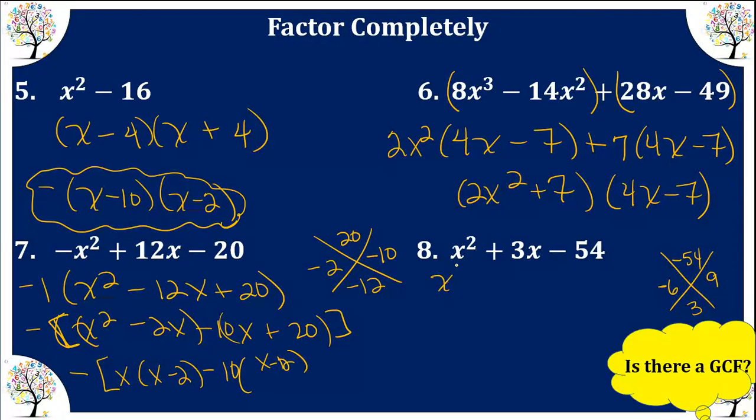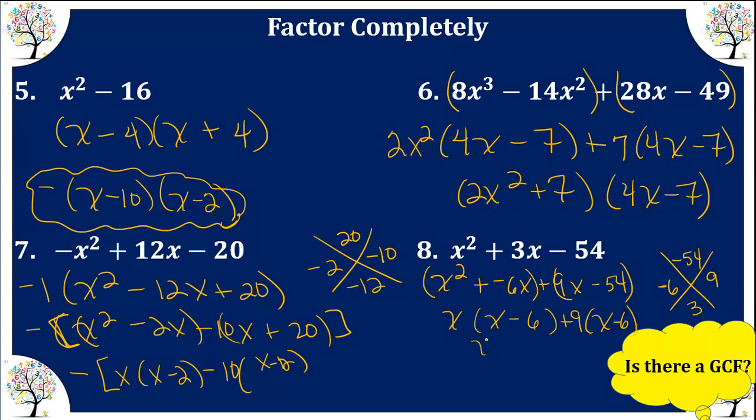So I'm going to rewrite this using negative 6x, positive 9x, and then we're going to group, factor out a GCF, and then we're going to factor out a 9. And our 2 factors are x plus 9 and x minus 6.